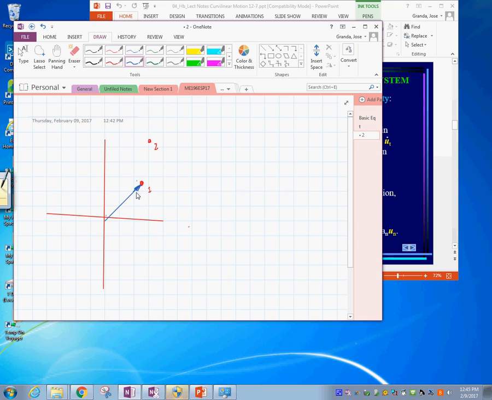If you do the same thing with the second point, we're going to go from here to here. That's the second one.